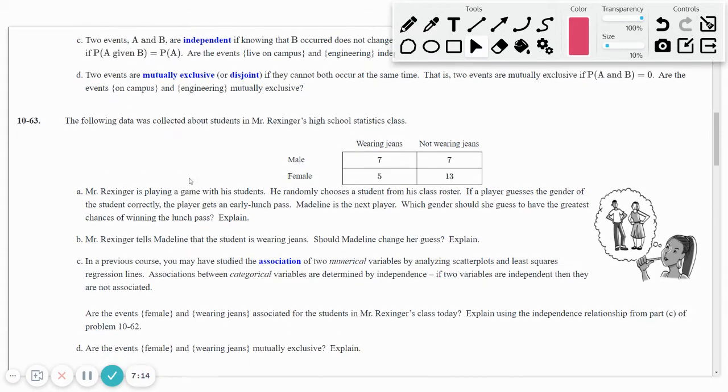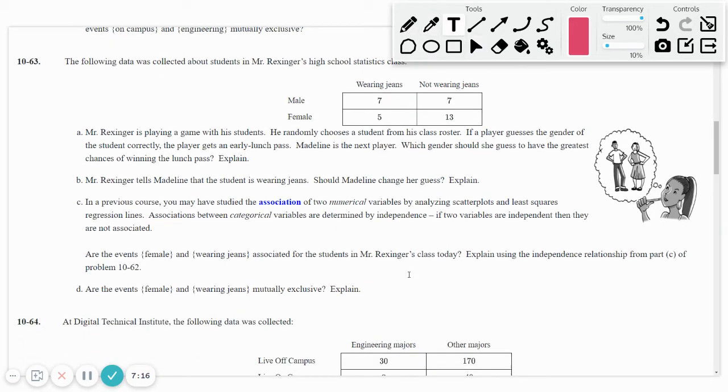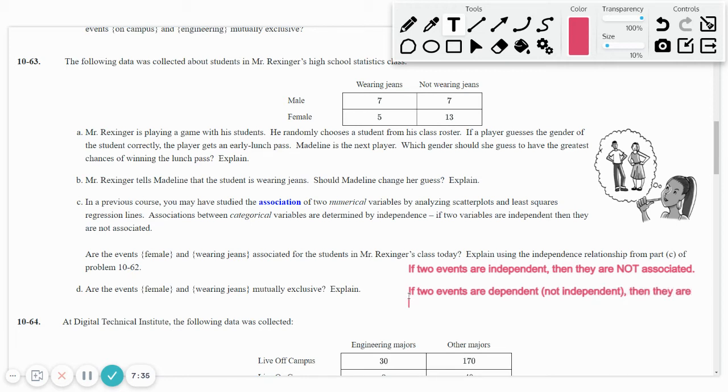So here's what I'm going to write here in text. If two events are independent, then they are not associated. If two events are dependent or not independent, then they are associated.